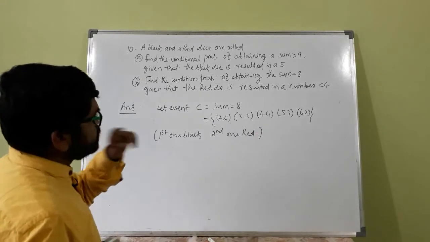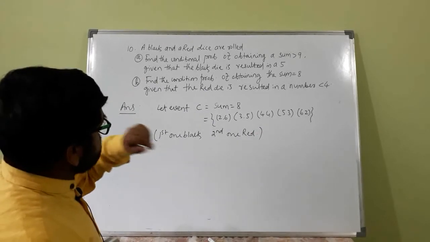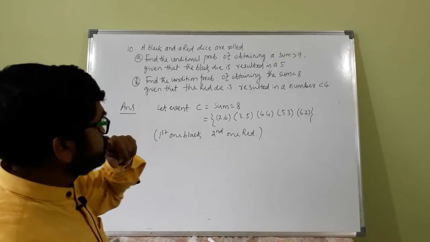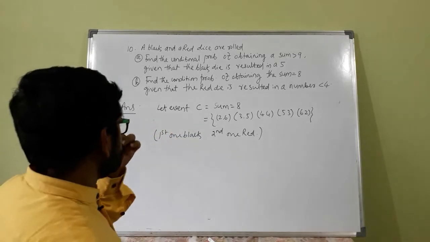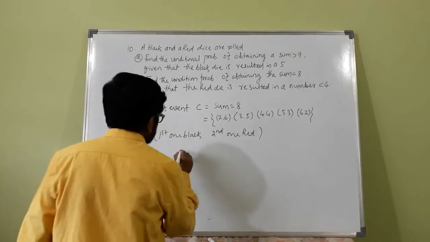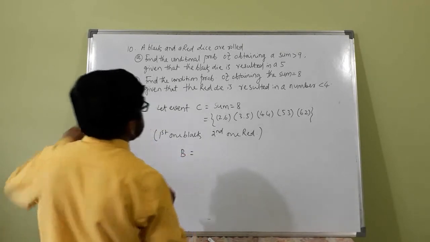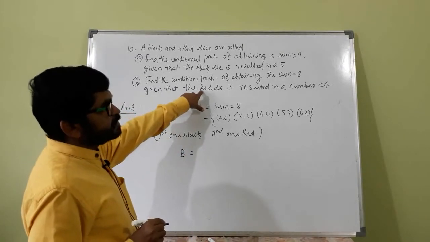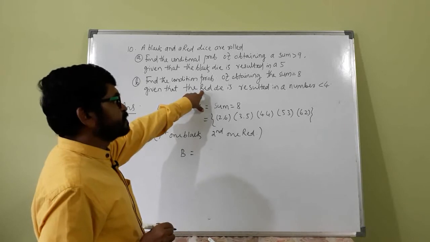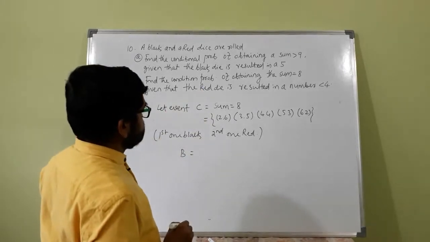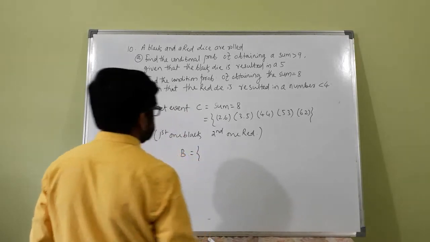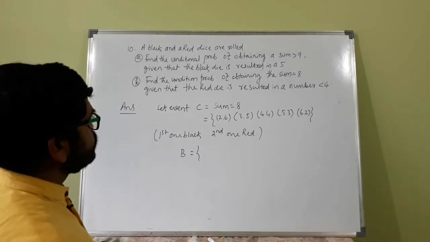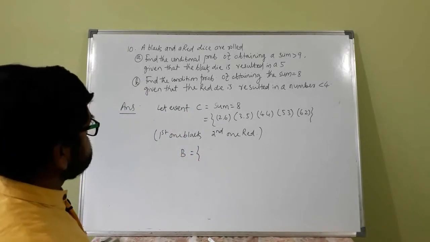I don't remember how we defined it in the first case; you can continue like that earlier. See, the red die resulted in a number less than 4. Red die less than 4 means the second is red.